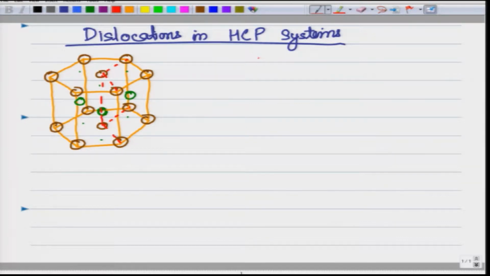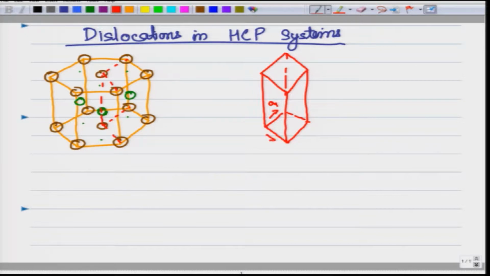So this is the unit cell that would actually be there.